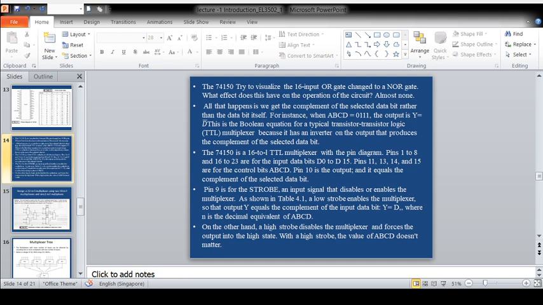A low strobe enables the multiplexer so that output Y equals the complement of the input data bit, Y is equal to Dn bar, where n is the decimal equivalent of ABCD. On the other hand, a high strobe disables the multiplexer and forces the output into the high state. With a high strobe, the value of ABCD doesn't matter.